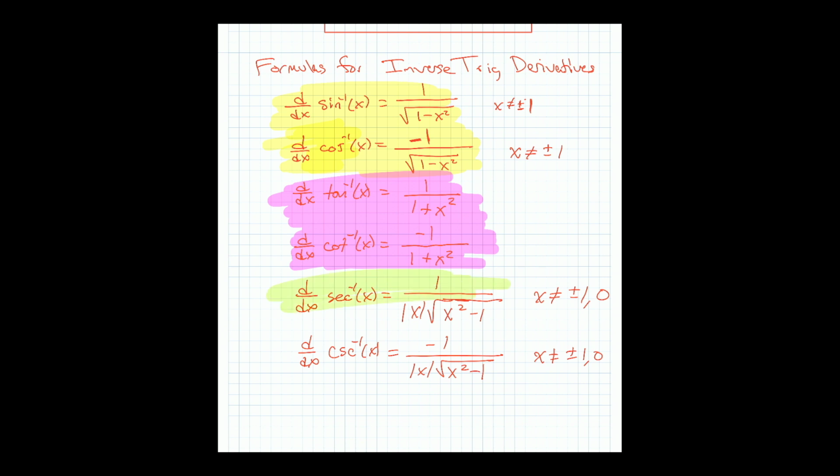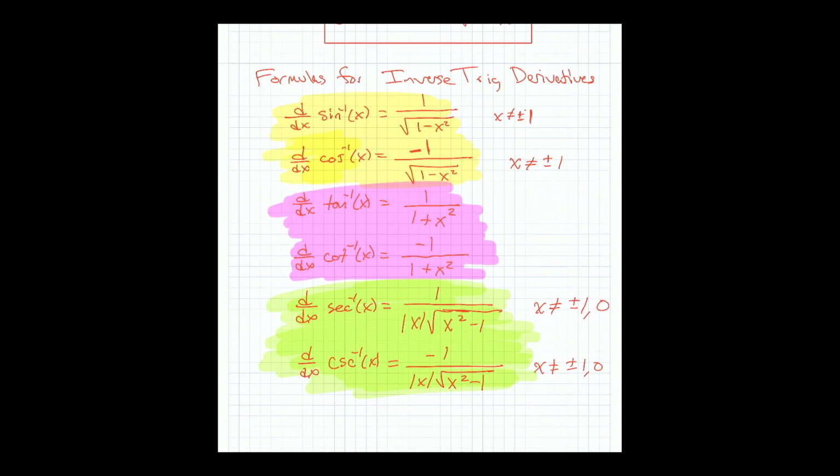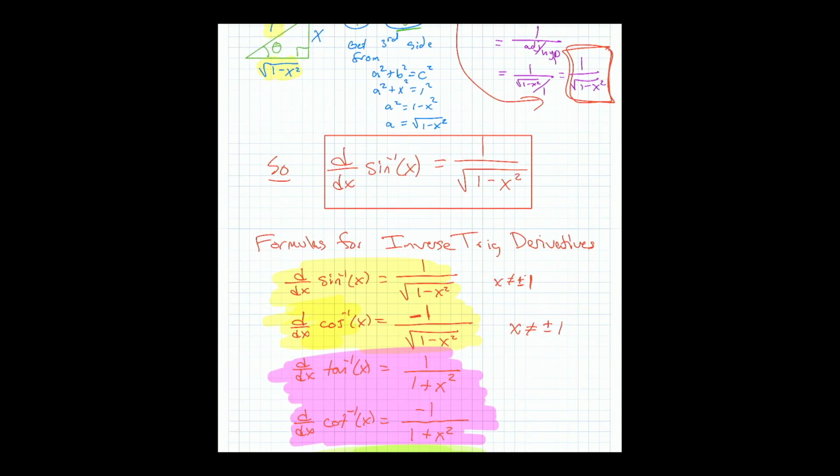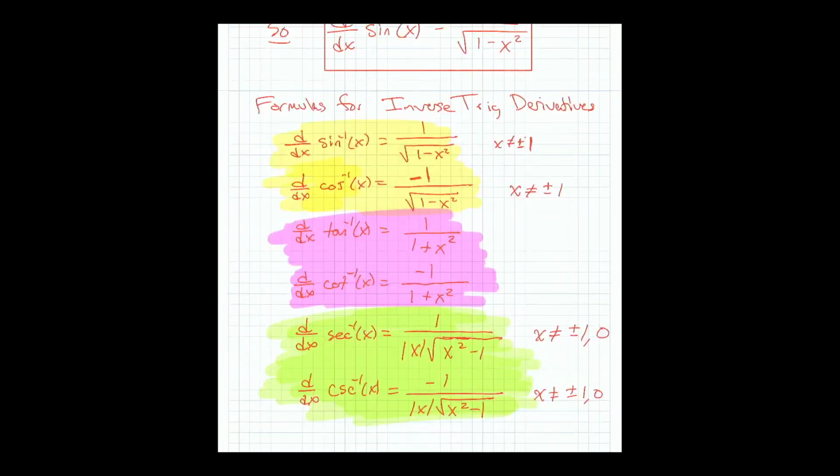And then you've got secant and cosecant inverse, same formula, only difference is a minus sign. We're not going to go over derivations of all of those, but the steps are the same. It only differs when you go to simplify it. But you use the triangle the same way I used a triangle.